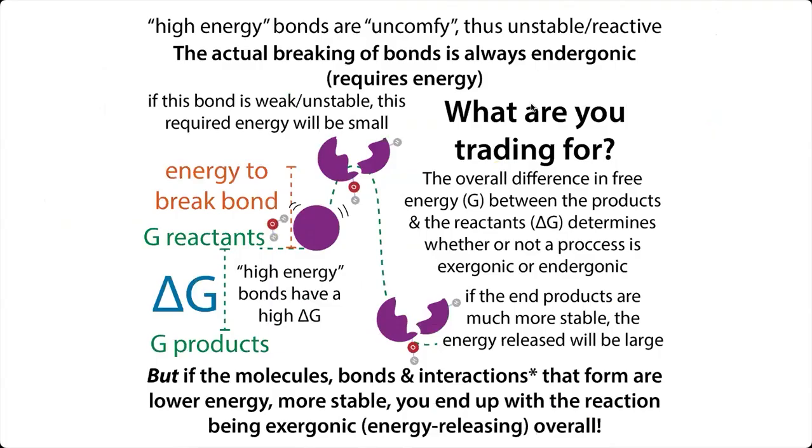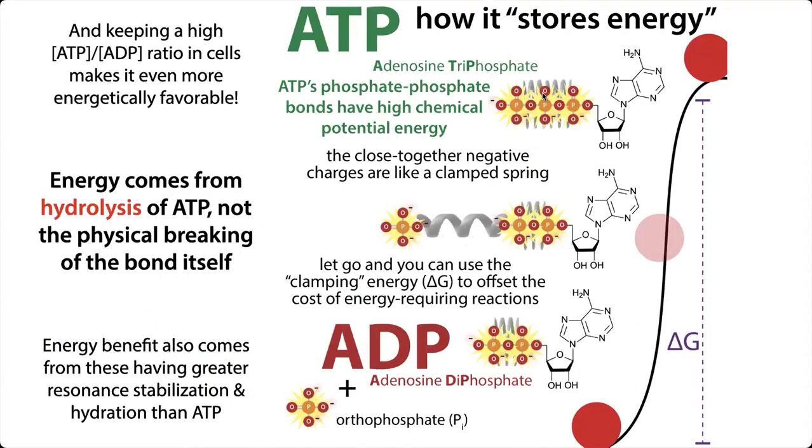We need to think about the actual reaction that's going on, the interactions of all of the molecules in the initial conditions and the final conditions. If you think about ATP, you've got these three phosphate groups. They're negatively charged and tightly clamped. They want to get away from one another. So if you break that bond, the breaking of the bond itself takes energy, but then you get energy released.